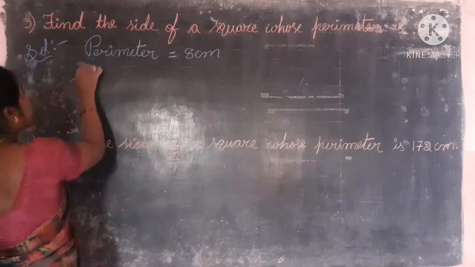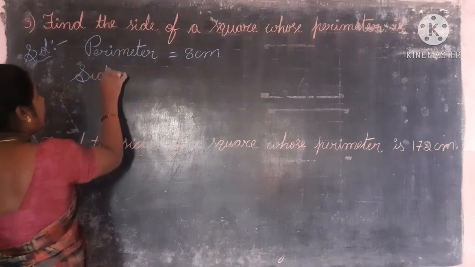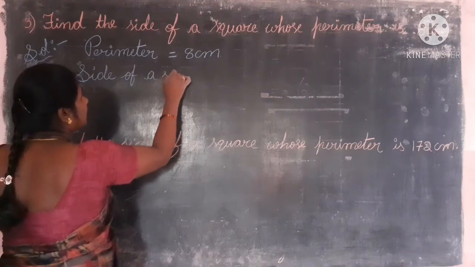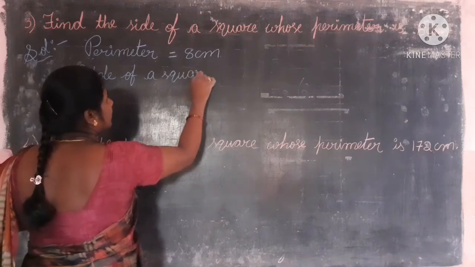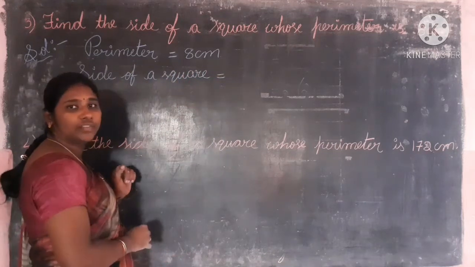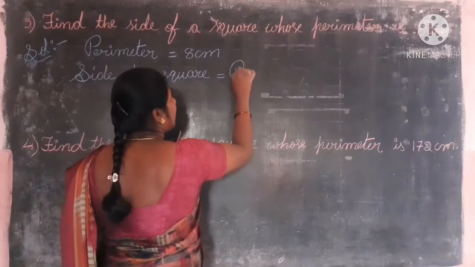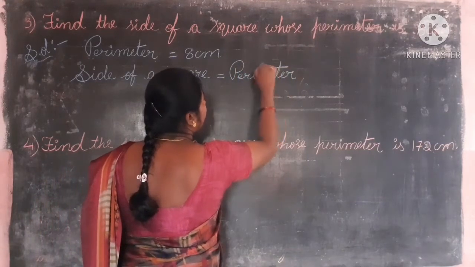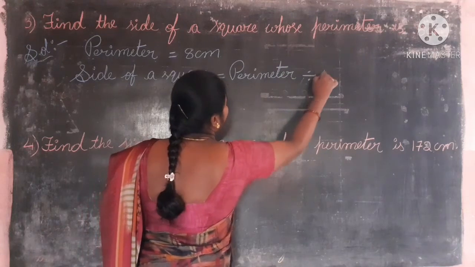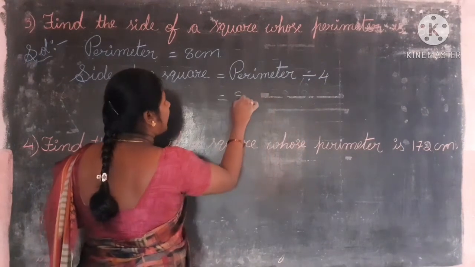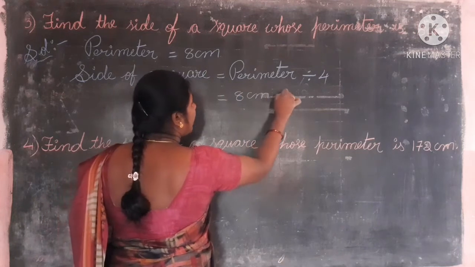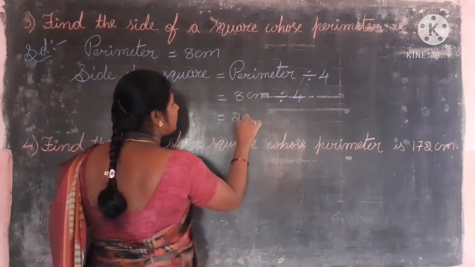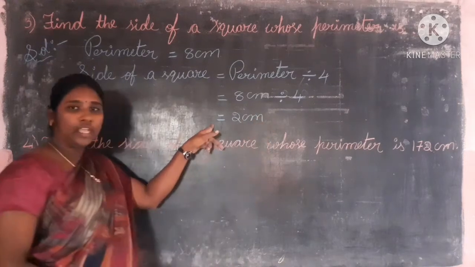We have to find the side of the square. What is the side of the square formula? Perimeter divided by 4. Perimeter is how much? 8 centimeter divided by 4. 4 table, 8 how many times? 2 times. So the answer is 2 centimeters.